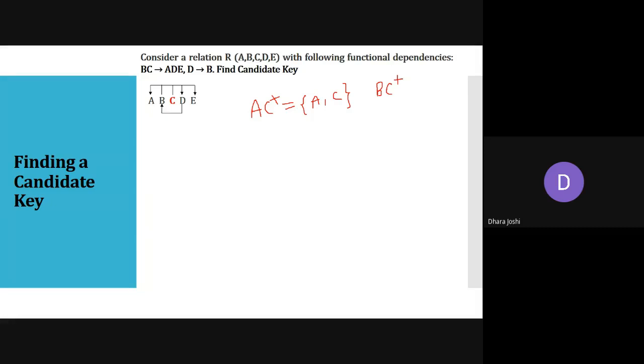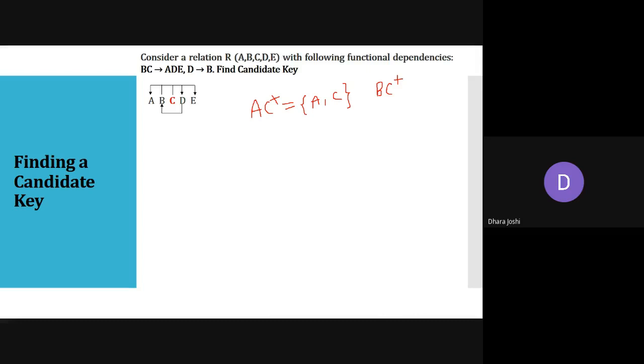What is the answer for the closure set of BC plus? Okay, Deep and Krish replied ADE BC.